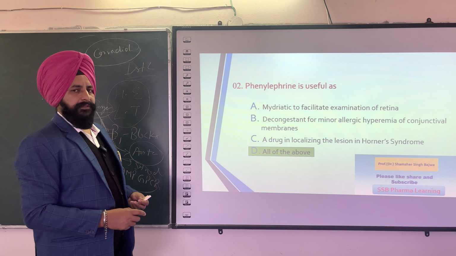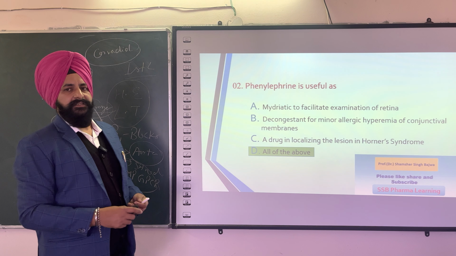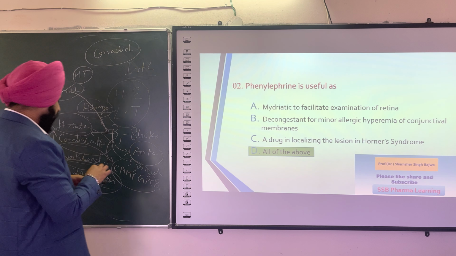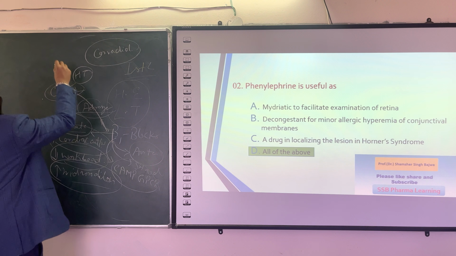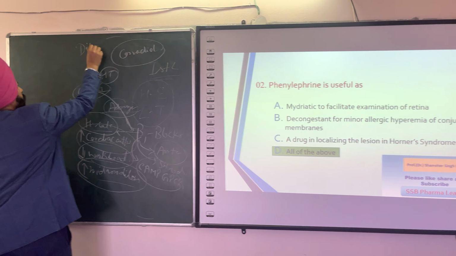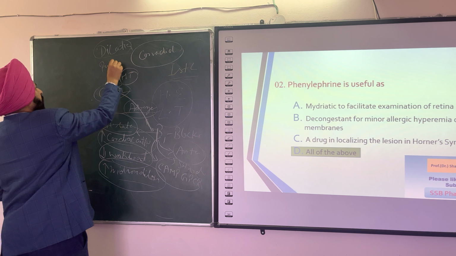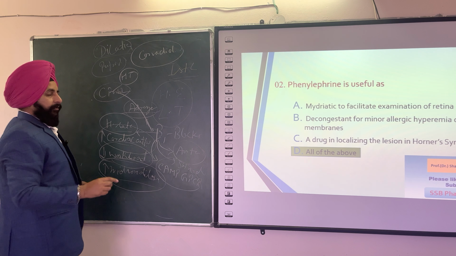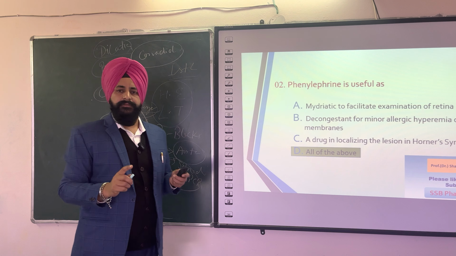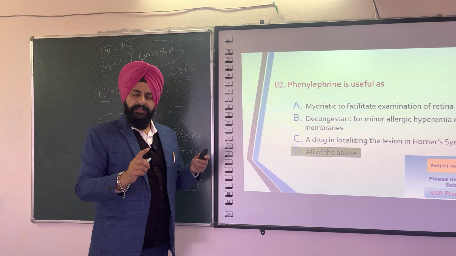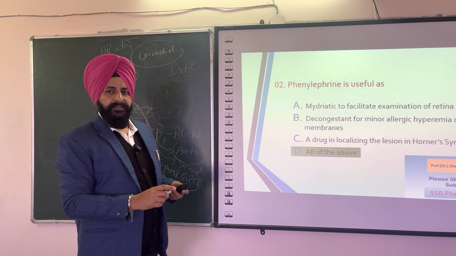So phenylephrine acts as a mydriatic. Mydriatic means it causes dilation of the pupil. It dilates the pupil, acting on the circular muscles of the eye, and also partially on the radial.